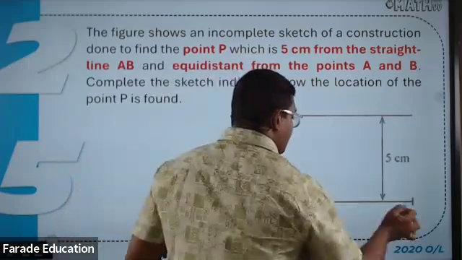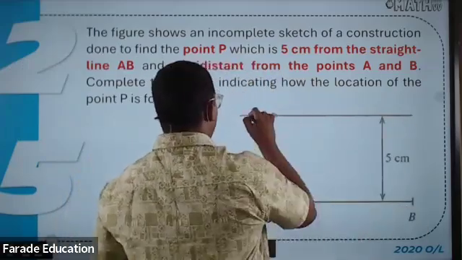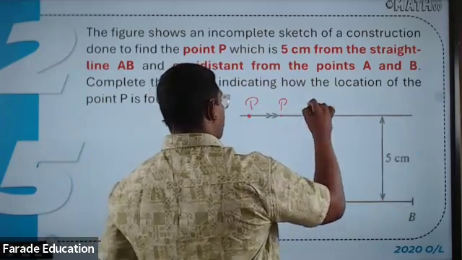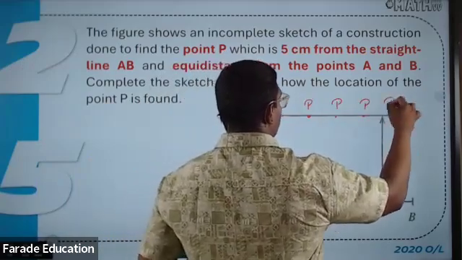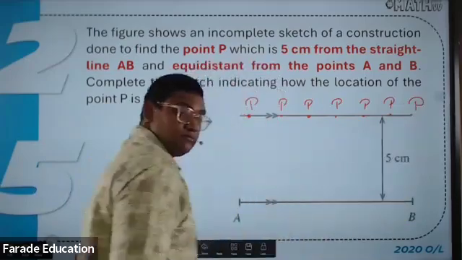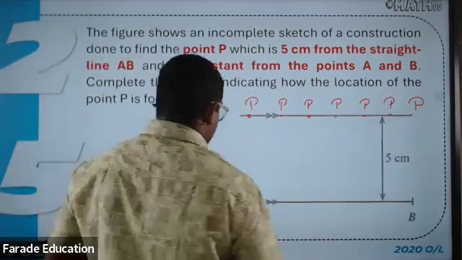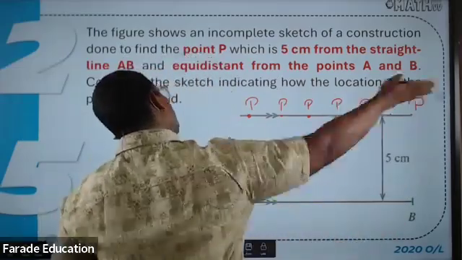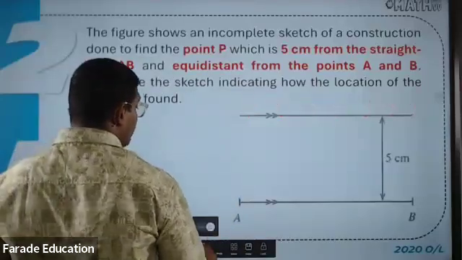Because it is 5 centimeters from the line AB only, they have drawn this. That means my P can be here, here, here, or here. Now I have to find which is P. All these places, P can be there. I have to specifically find what is P.